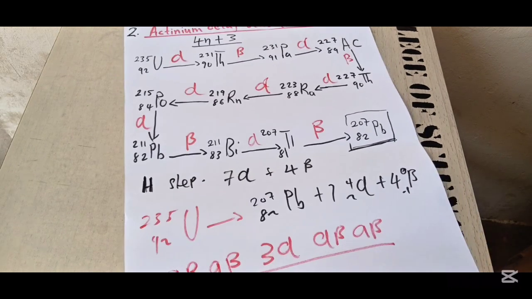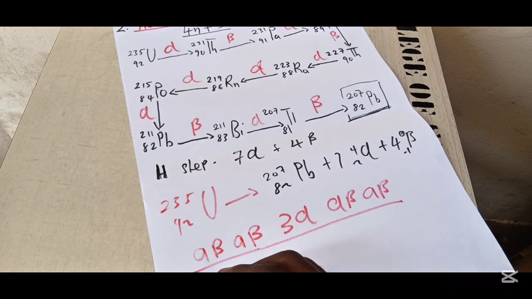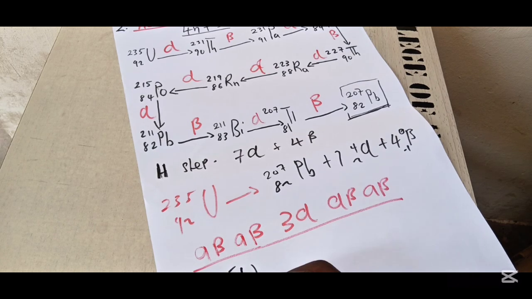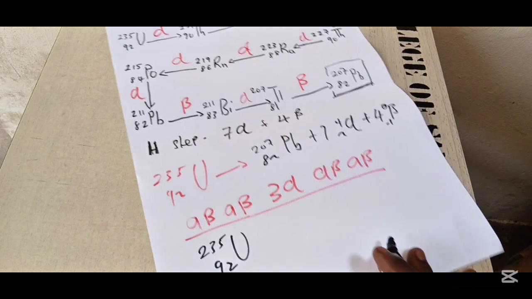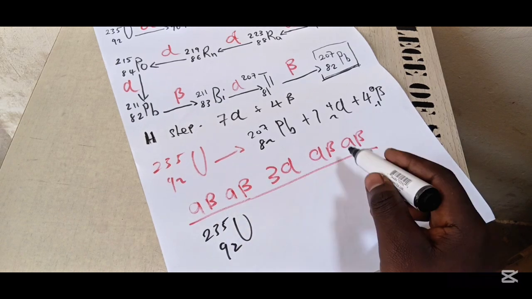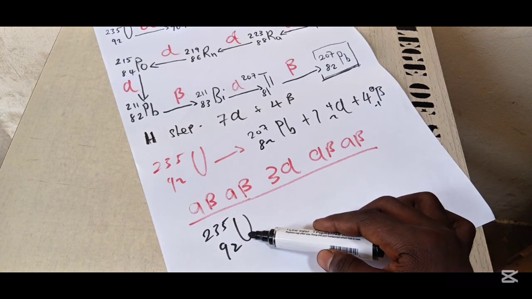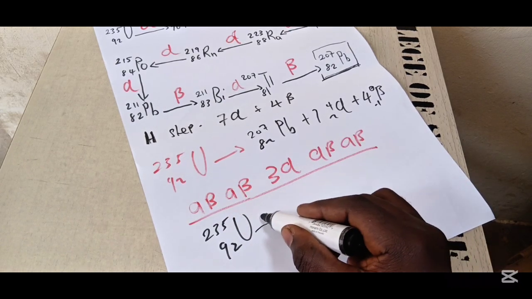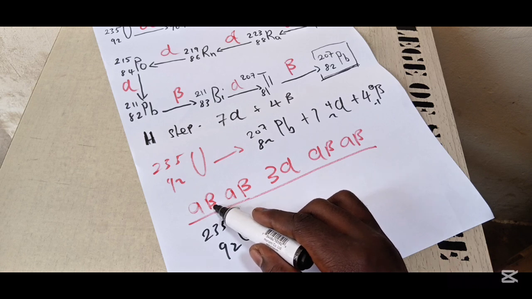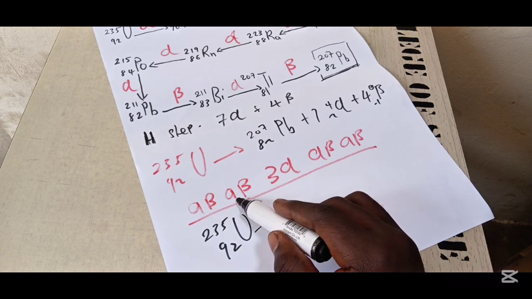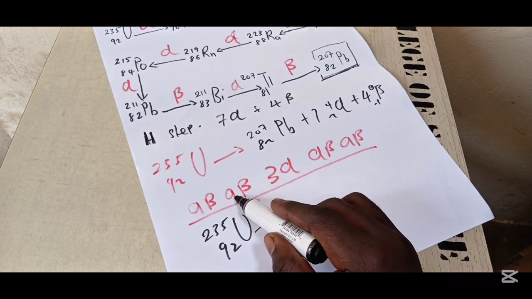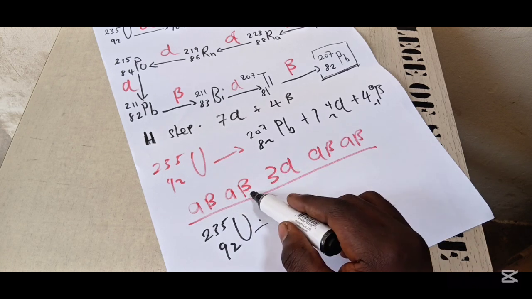Knowing this in order, you start with uranium and decay it by alpha, then decay the resulting product with beta, then with alpha and beta.